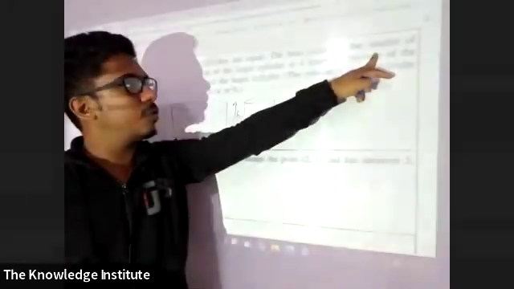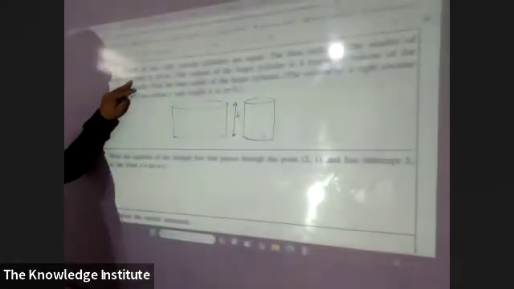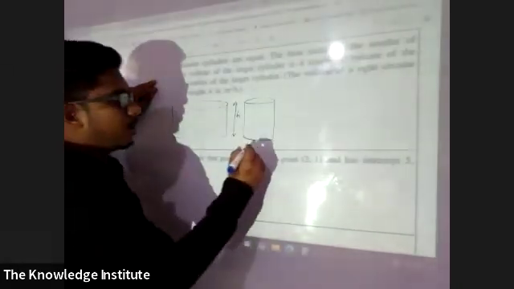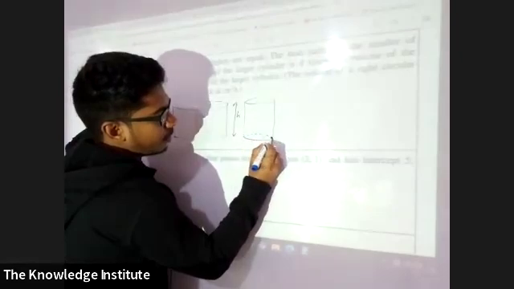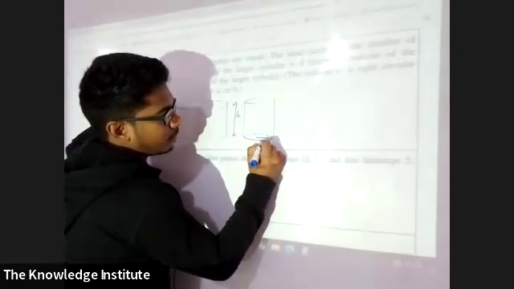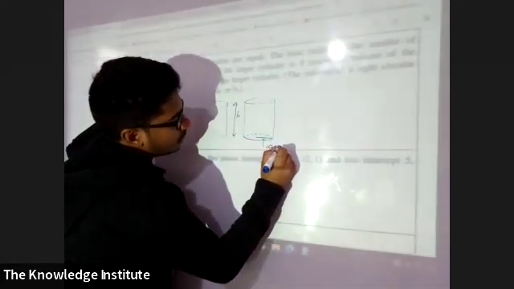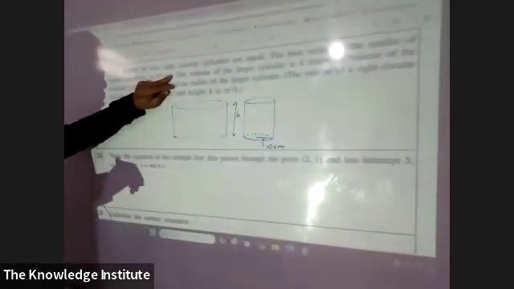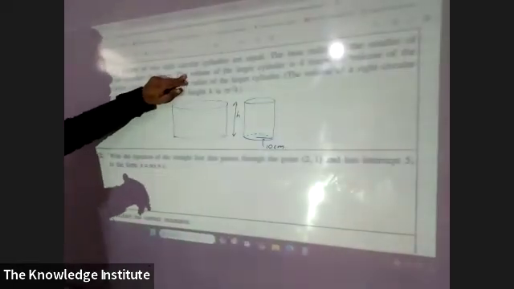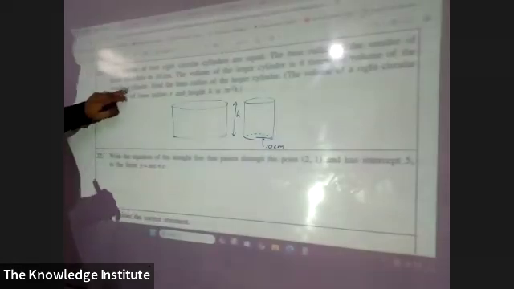The base radius of the smaller cylinder is 10 centimeters. So the base radius of this one is 10 centimeters. The volume of the larger cylinder is 4 times the volume of the smaller cylinder.